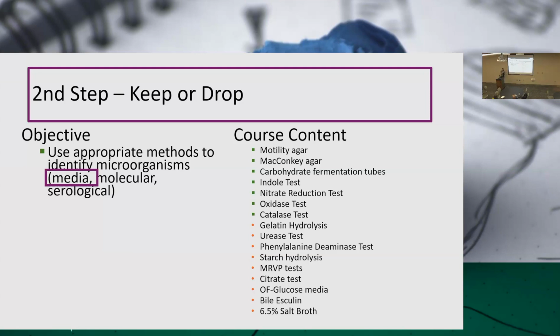But we didn't necessarily need them to know all of those tests. They can look up how to identify Pseudomonas on the web. We needed them to be familiar with what biochemical tests were, their limitations, their value, but we didn't necessarily need to do all of them. So we narrowed in on a certain subset of these that showcased the main components of different ways that you might evaluate microorganisms in a lab.